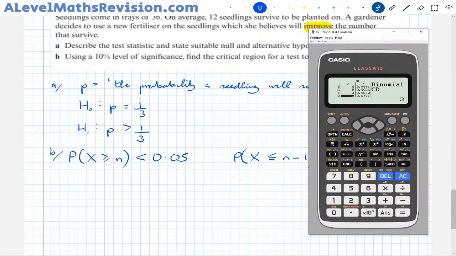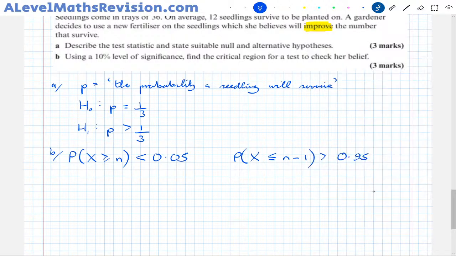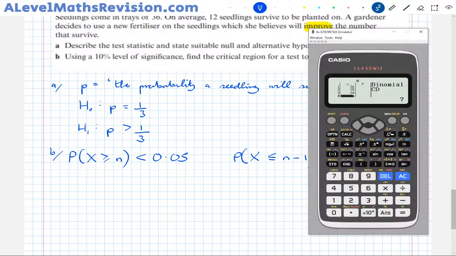So, seedlings come in trays of 36. 36, 35, 34, 33, 32, 31, 30, 29, 28, 27. Probably done enough. If I haven't, I'll put more in later. So the number was 36, and 1/3, 1 divided by 3, was the probability. So I'm looking for a crossing the boundary over 0.95.